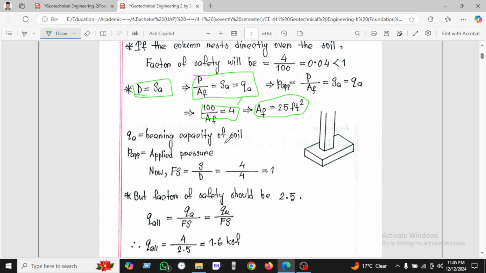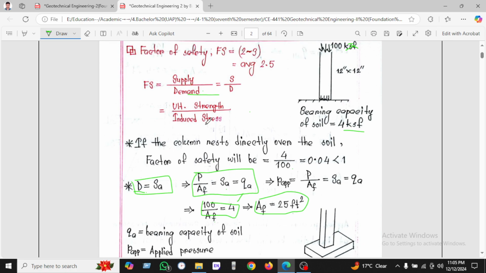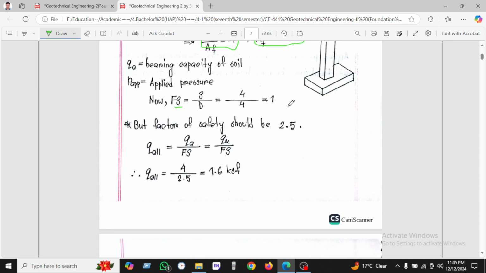So allowable bearing capacity, applied pressure. Now the factor of safety, we know is supply divided by demand, so this is 4 divided by 4, which is 1, but the factor of safety should be 2.5.